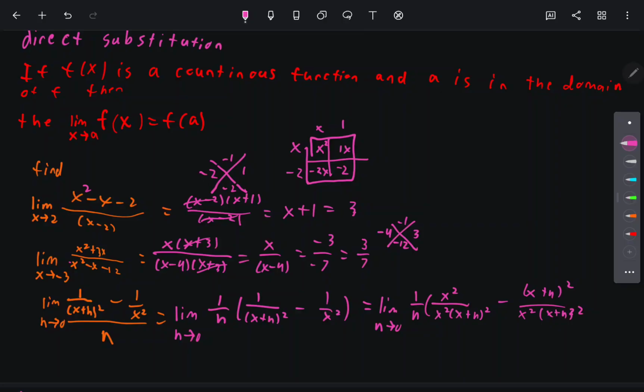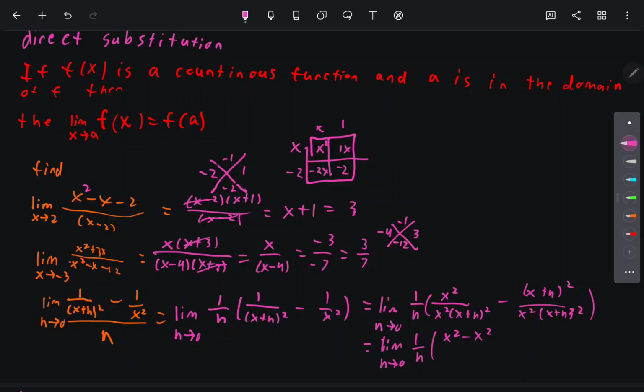Well, I think what I want to do with this is expand out the numerator, not the denominator, specifically just the numerator. So we are going to get the limit as h approaches 0 of 1 over h. And I'm also going to combine this. So we're going to get an x squared minus, well, x times x is x squared.